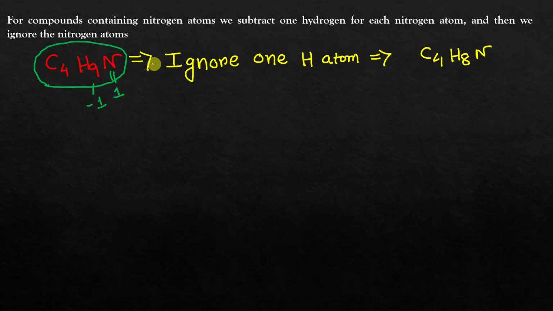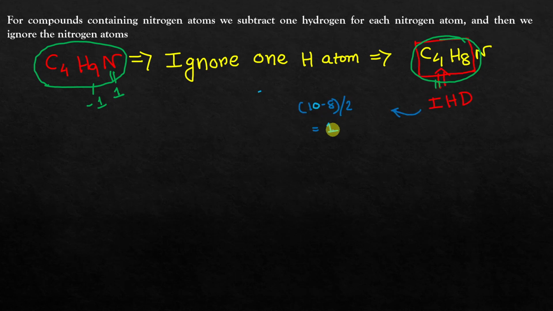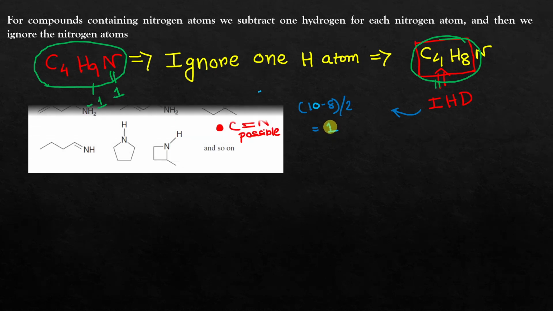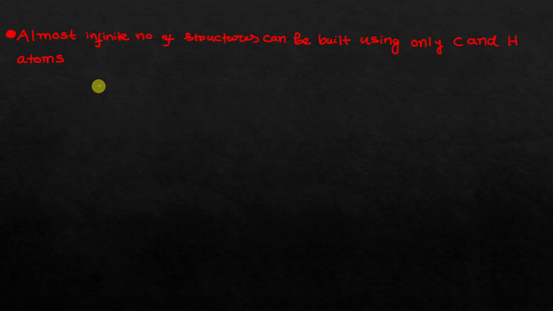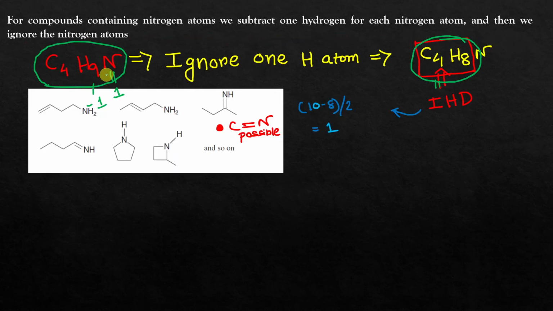Then the formula for that compound is C4H8N, and you simply calculate the IHD for C4H8. The IHD for C4H8 is 10 minus 8 divided by 2, that is 1. These are the various possibilities that the structure of this compound may have. As C double bond N is also possible, it will increase the number of possible structures for this compound.